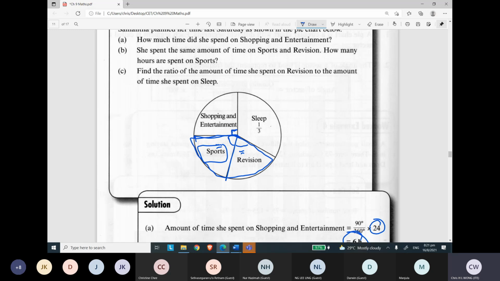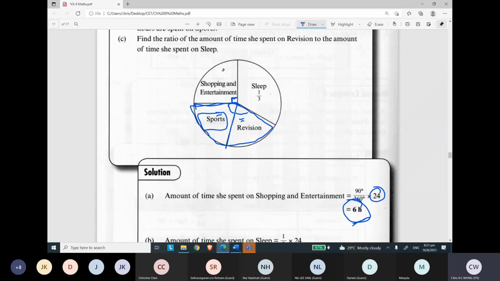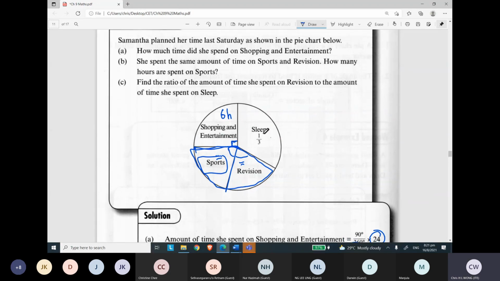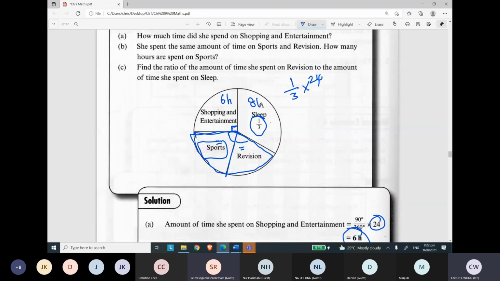Okay. Now I know that the first one, I already spend 6 hours. And the second one, I know that I sleep 1/3, isn't it? If I sleep 1/3, all I need to do is times 24 and I will know how many hours I sleep. So 1/3 times 24 gives you 8 hours.